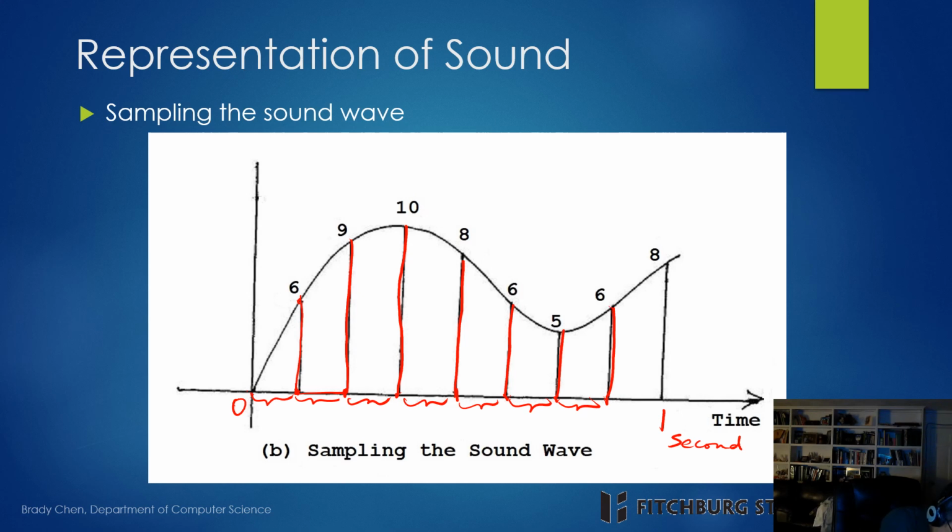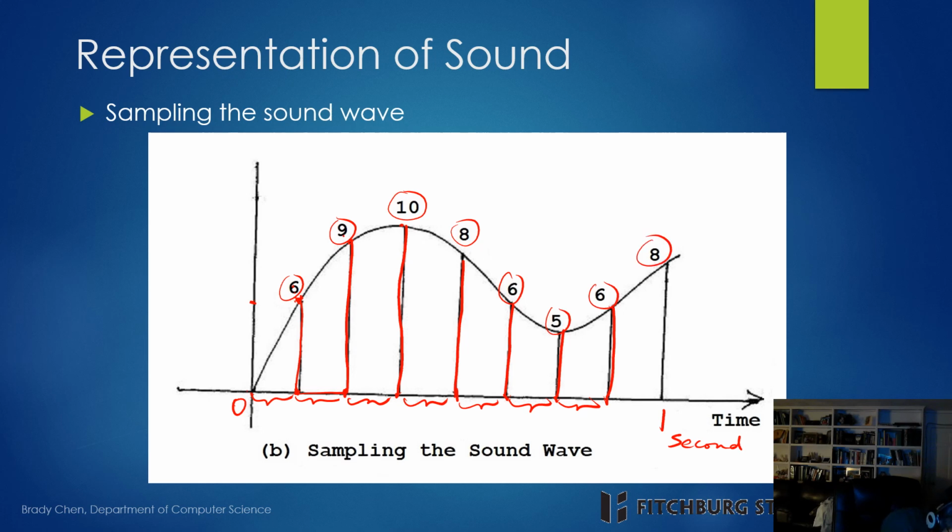The original sound wave is a continuous function, but we want to digitalize it, so we pick some samples. At each sample, we record the amplitude. So this is 6, 9, 10, 8, 6, 5, 6, 8.